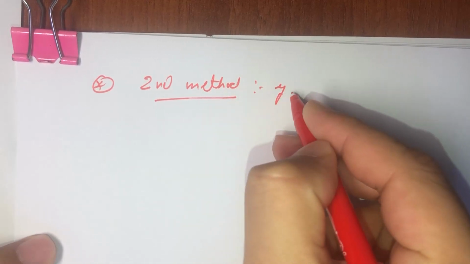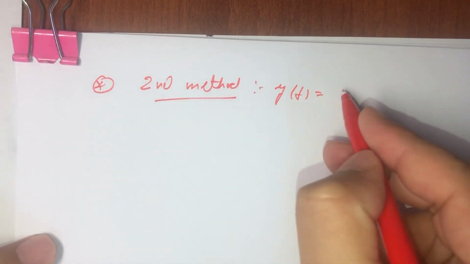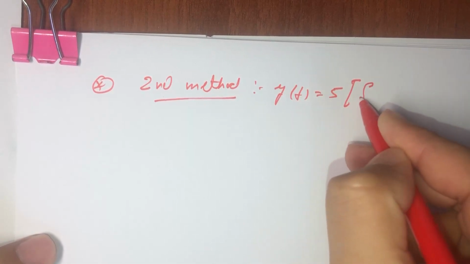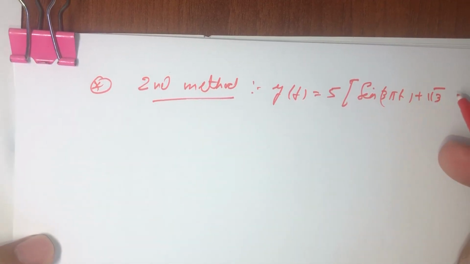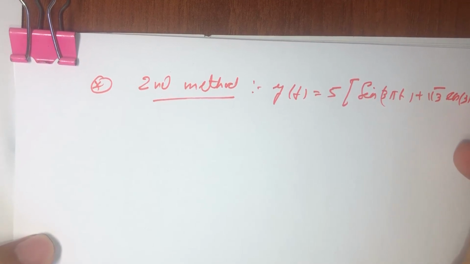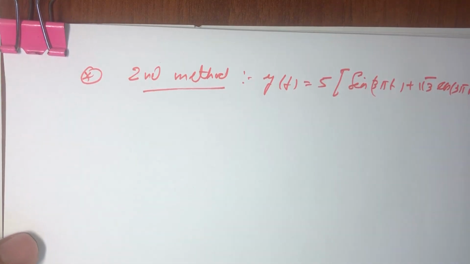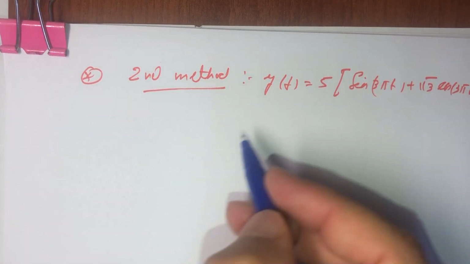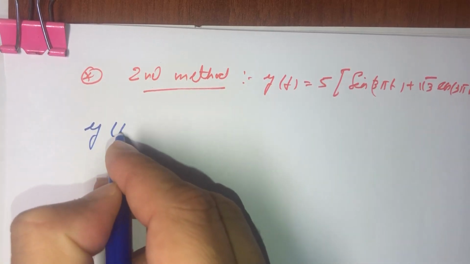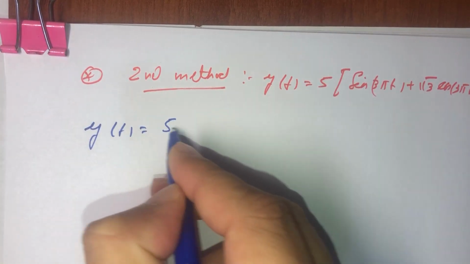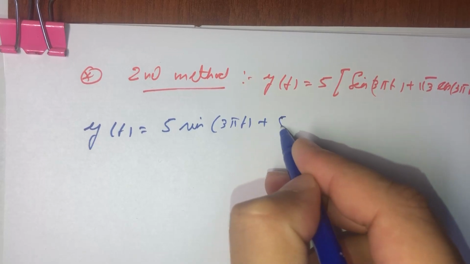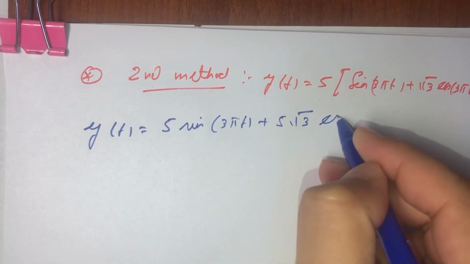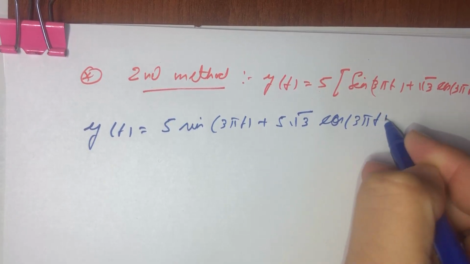Once again we start with y(t) = 5 sin 3πt + √3 cos 3πt. Opening the bracket, this becomes y(t) = 5 sin 3πt + 5√3 cos 3πt.